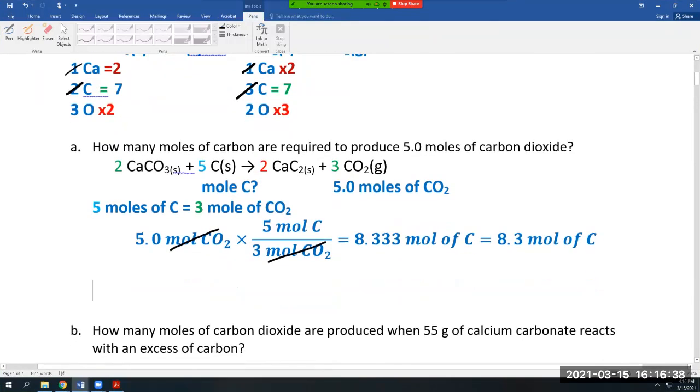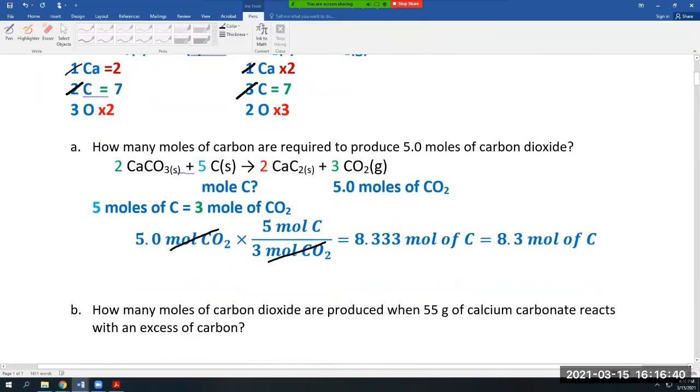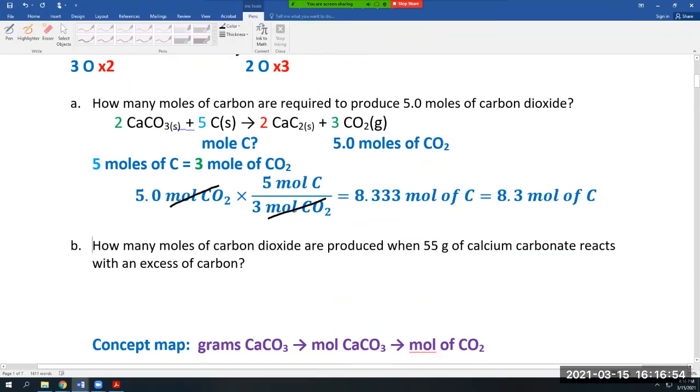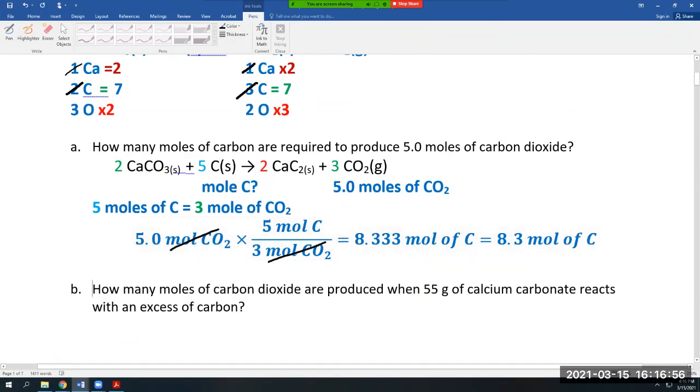So let's look at the second question. Question B. How many moles of carbon dioxide are produced when 55 grams of calcium carbonate reacts with an excess of carbon? So again, you want to have the chemical equation there. And so it's here.